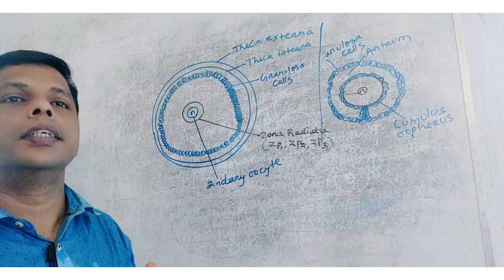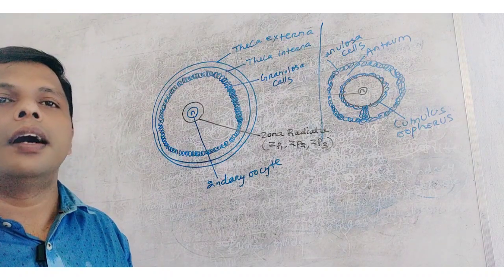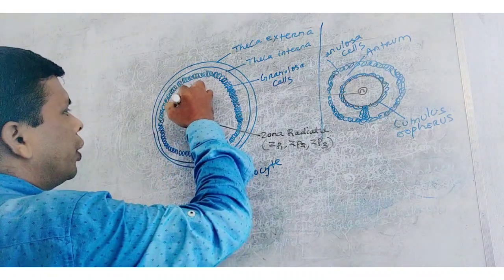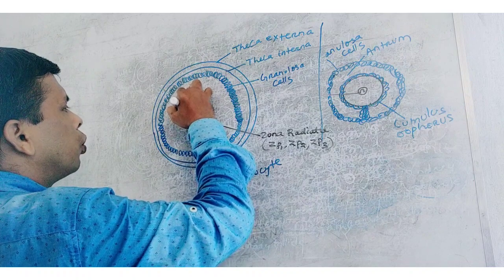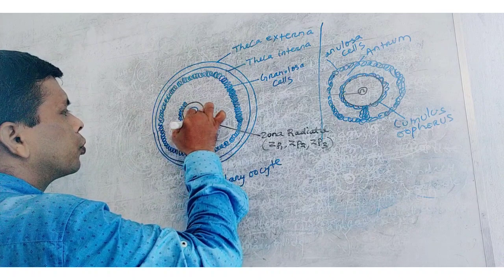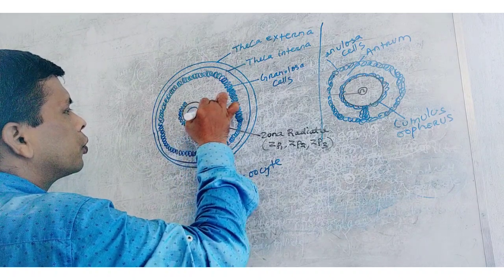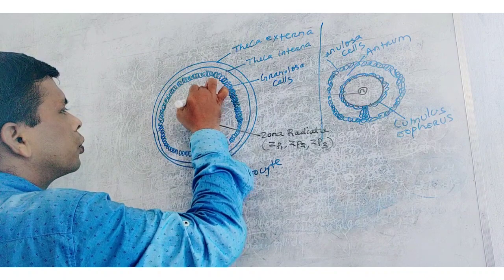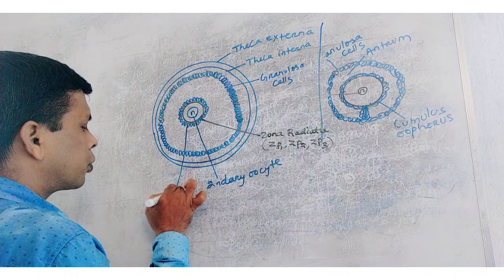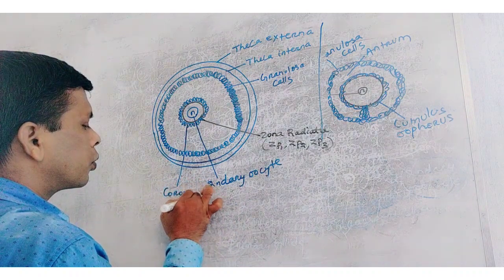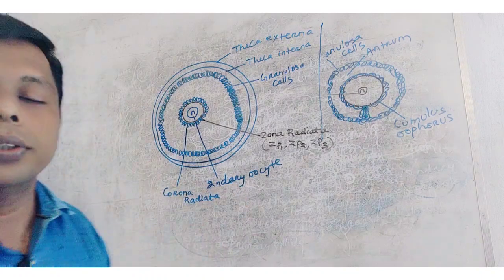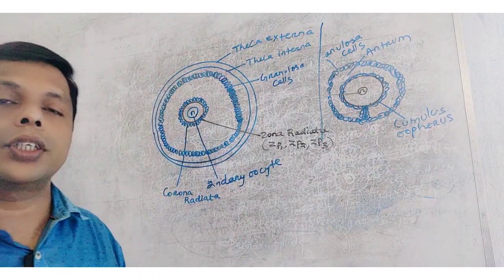The inner cells around it produce the corona radiata. So these are the basic structures.